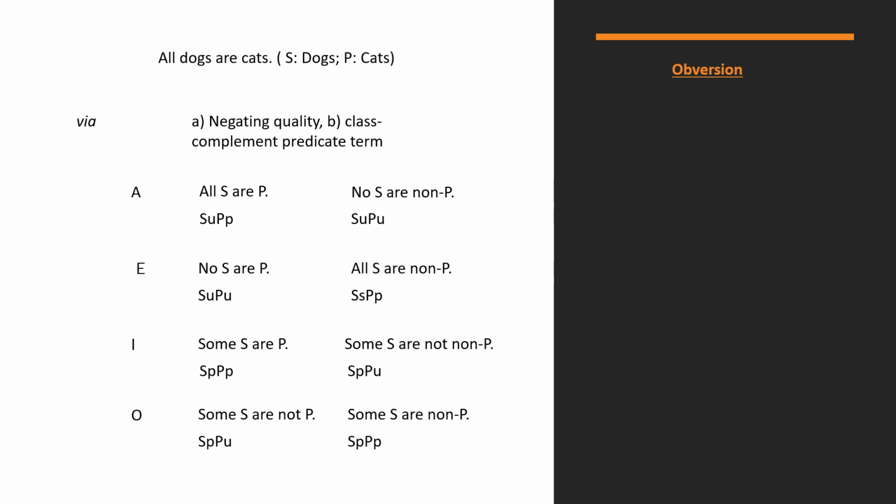You only need to negate the quality. If it's negative, make it positive without changing the quantity. If it's positive, then make it otherwise. And complement the predicate term.